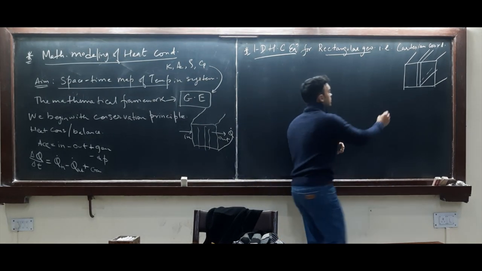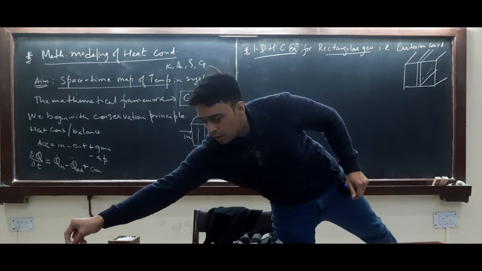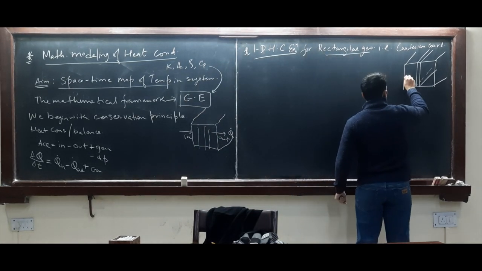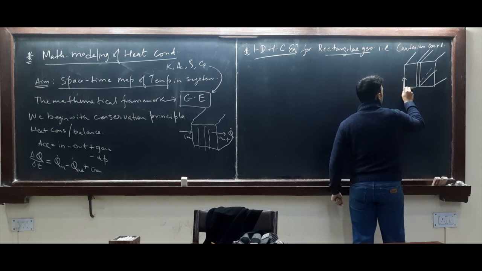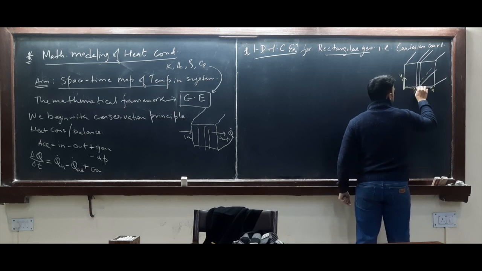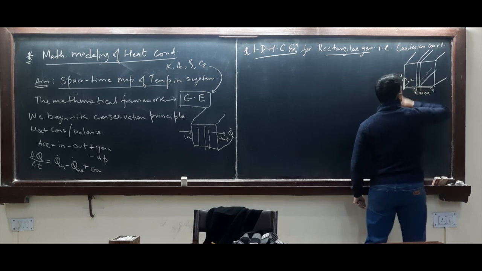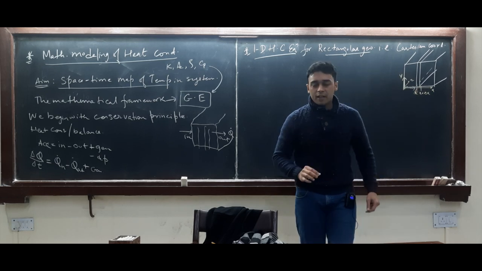Okay, now let me draw the coordinates. This is y, this is x, and this is your x coordinate, let's call it x, and this let's call it x plus delta x, and this is your z. So it's sort of very large in y and z.